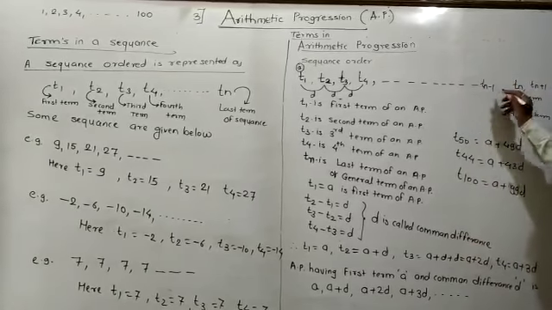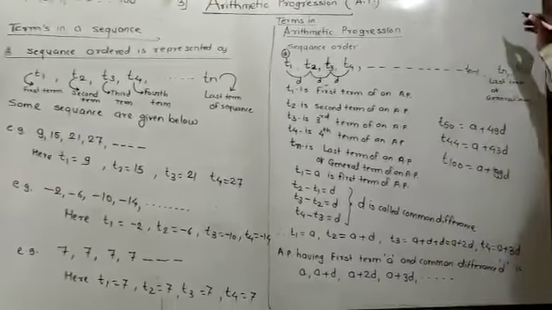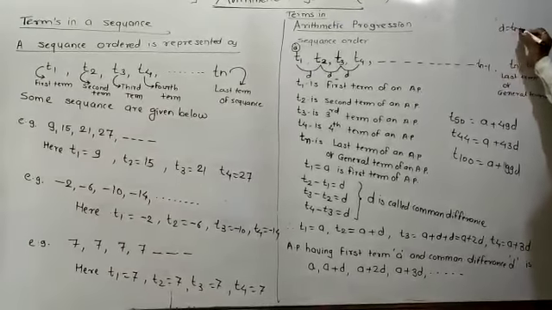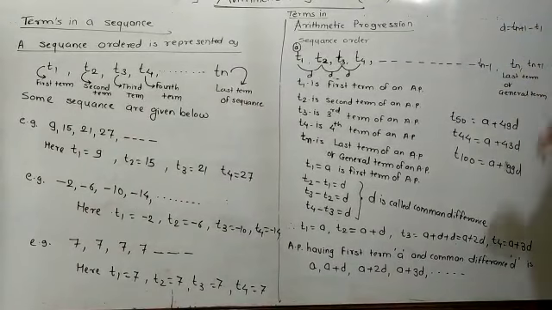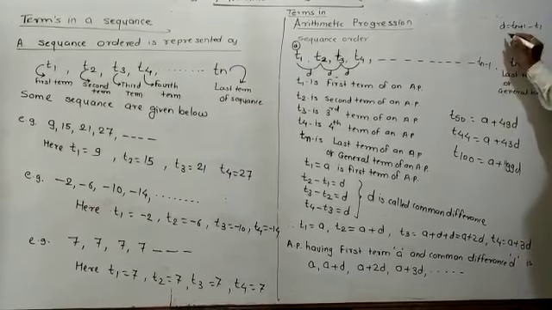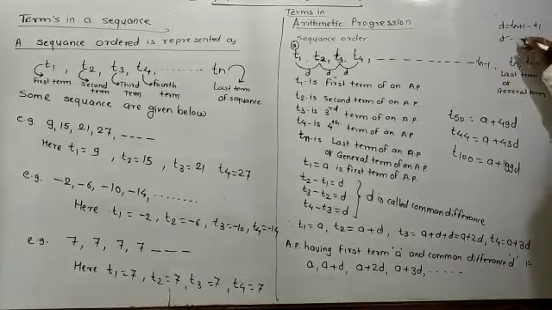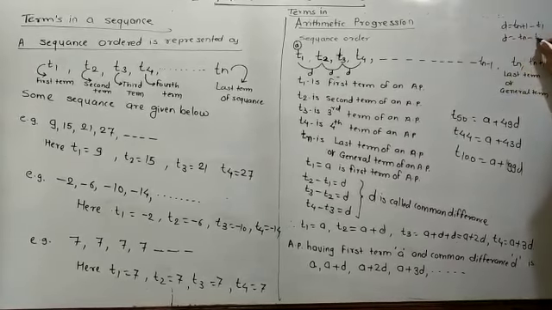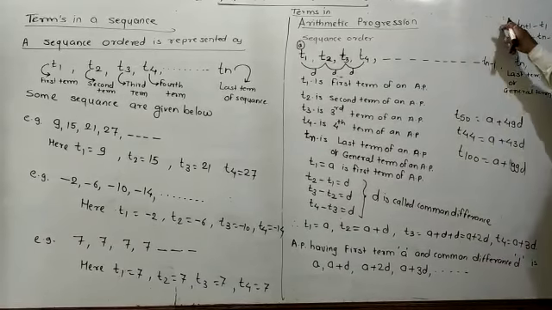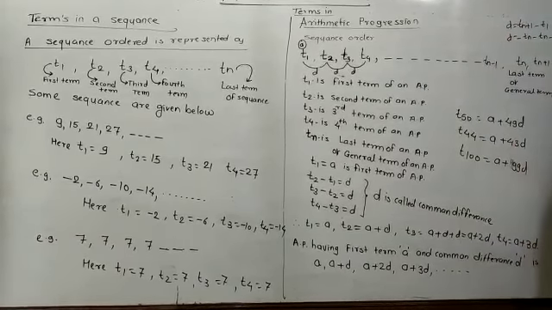Like that you will write. And you will write the common difference between these two terms: D is equal to Tn plus 1 minus Tn. Or, if you want to write the common difference between these two terms, D is equal to Tn minus Tn minus 1. In this way you will write the common difference between the terms.